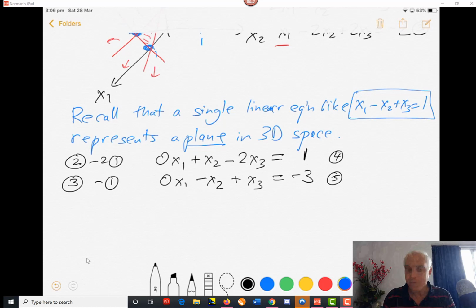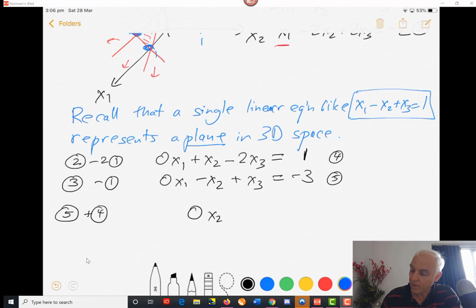Now we want to reduce by eliminating 1 more variable, let's say x2. How could we eliminate x2? We could take equation 5 and just add equation 4. So that's going to be 0x2 minus x3 equals, the sum of those is minus 2, from which we deduce that x3 equals 2.